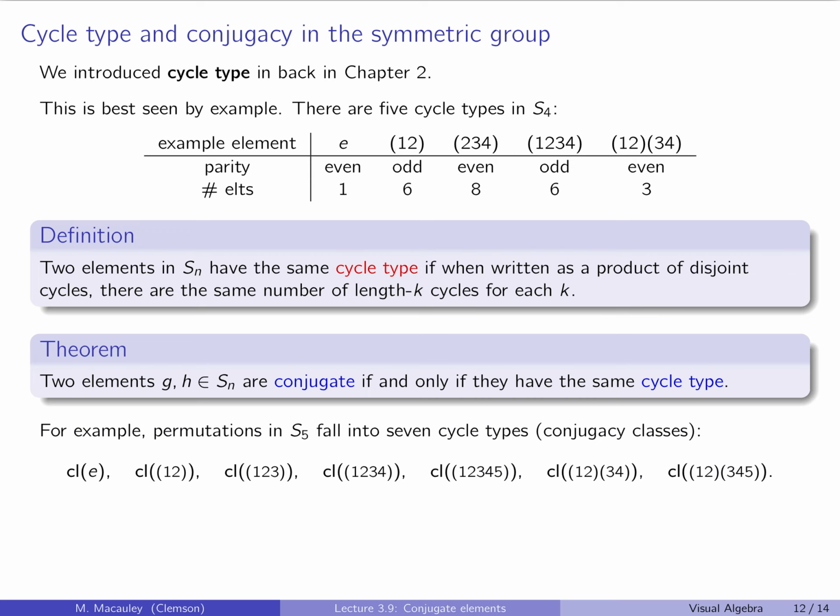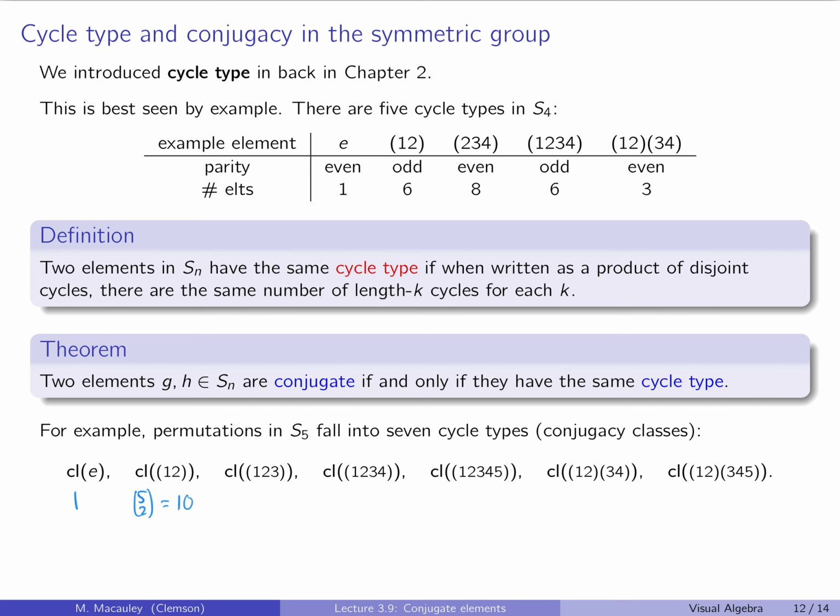For example, the permutations in S5 fall into 7 cycle types and thus 7 conjugacy classes. Let's quickly go through and see how many of these there are. There's one identity element. Then how many 2 cycles are there? There's 5 choose 2 ways to pick a 2 cycle, and that's it.